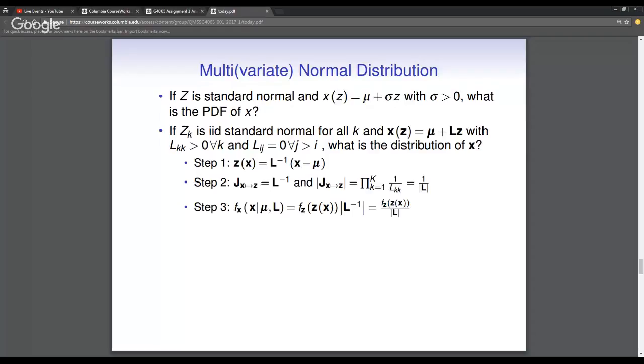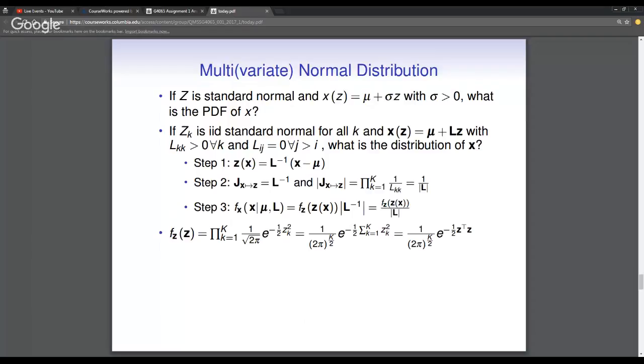Running a little bit short on time here, we'll zoom through the remaining steps. We stick z of x, written in terms of x, into the PDF for z, multiply by the determinant of L inverse, which is the same thing as dividing by the determinant of L. So what is the PDF for z if z is IID standard normal? It is merely the product of k standard normal PDFs written in terms of z.